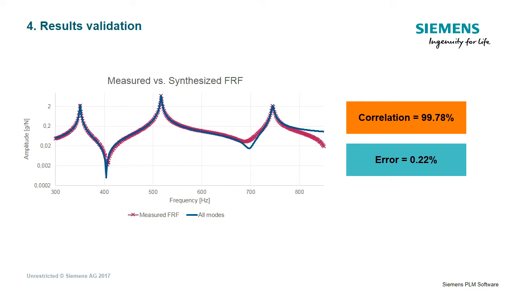From that overlay, we can calculate errors and correlation coefficients. This gives an immediate feedback on the quality of the model. If some modes are not included, this will be immediately clear and the user can go back to the identification phase, adding the modes to the model.